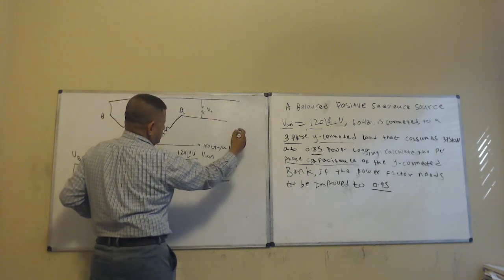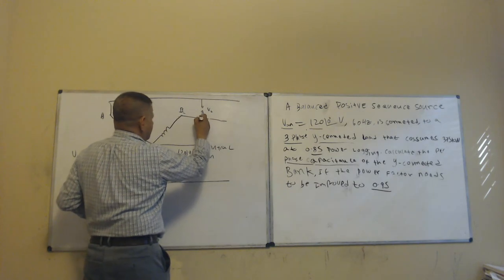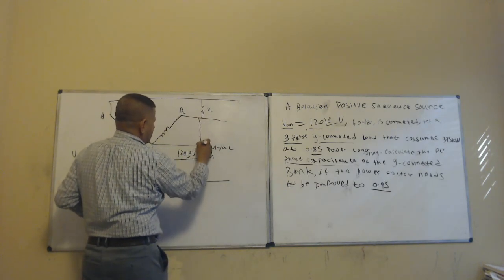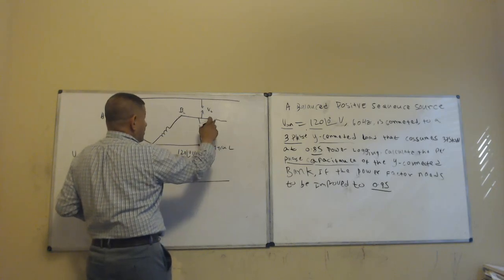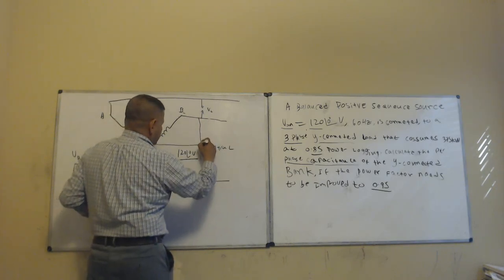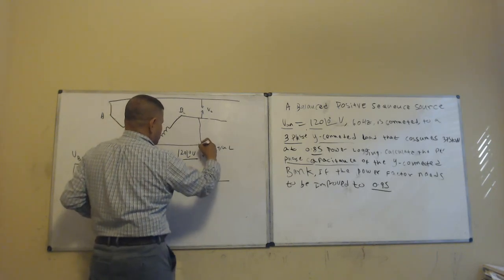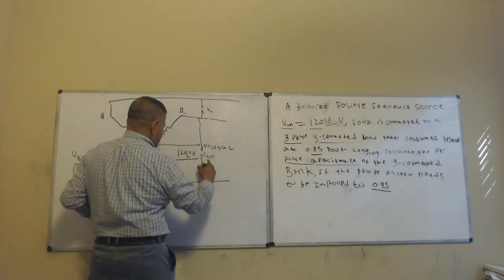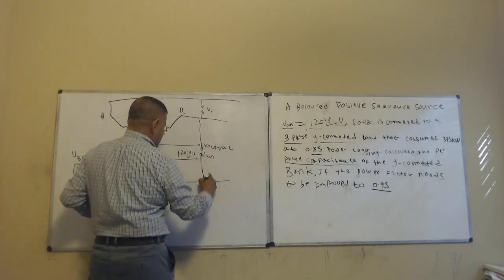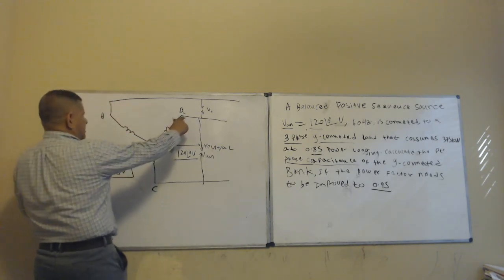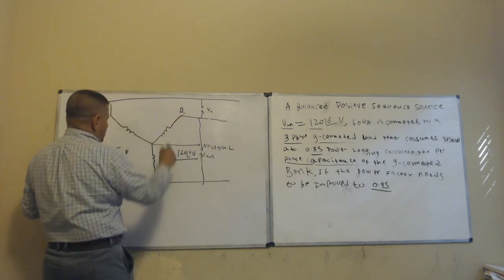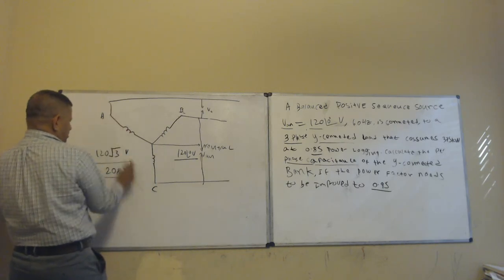So in this case, the line to line from B to C is going to be like this. This is A to B, and then B to C is going to be like this.